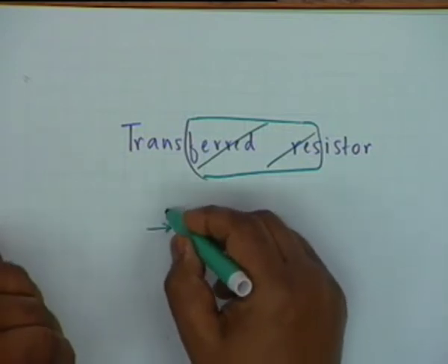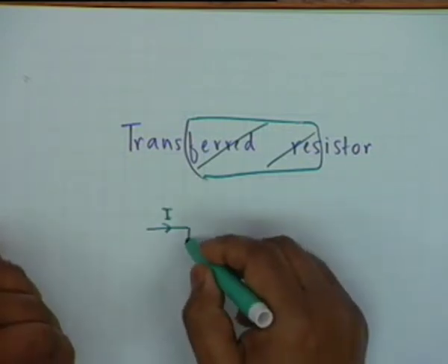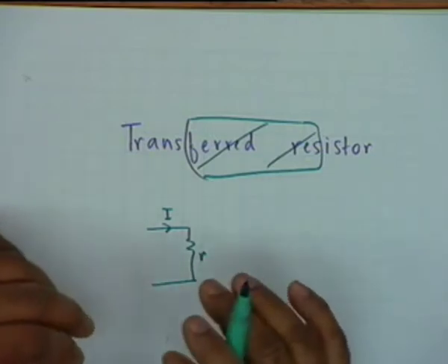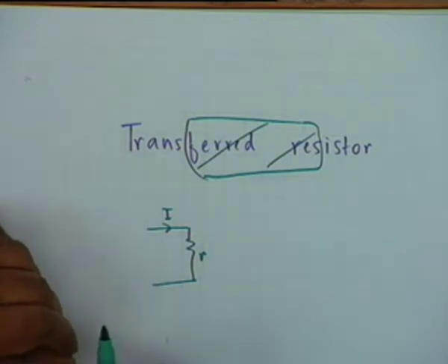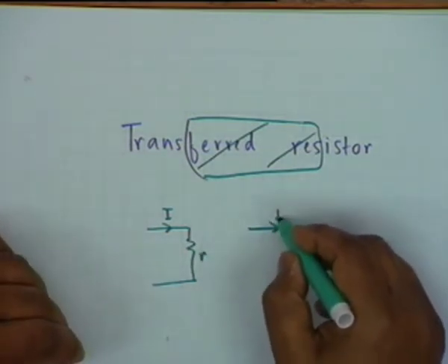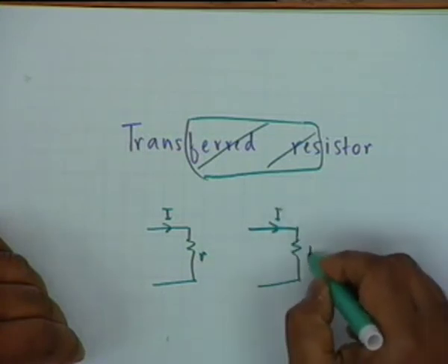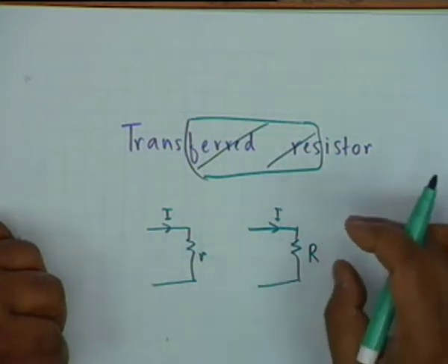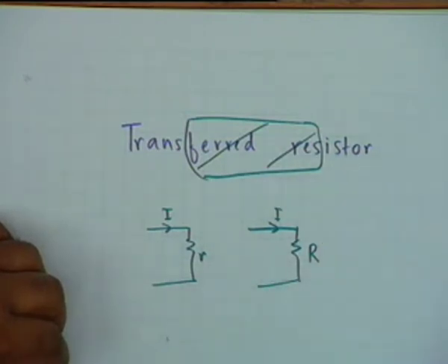suppose I pass a current I through a small resistance r, and by a solid state device mechanism, the same current is made to pass through a larger resistance capital R. Then obviously there is a transfer here.